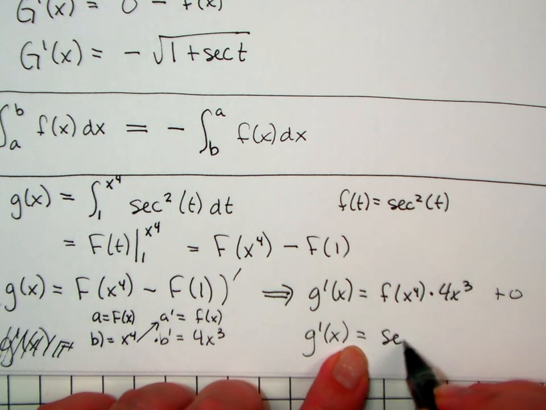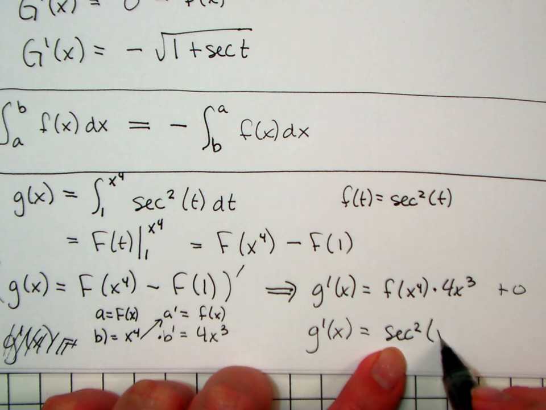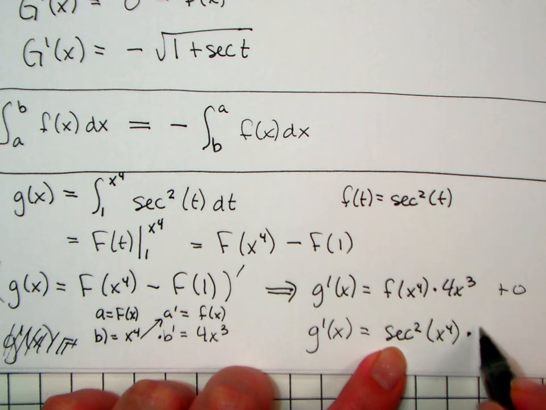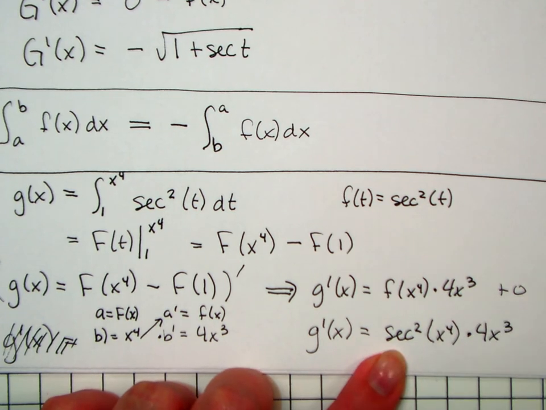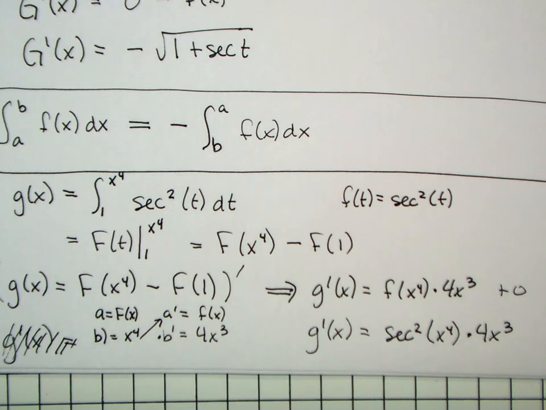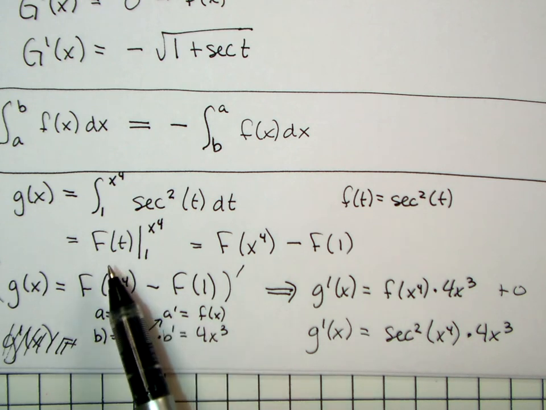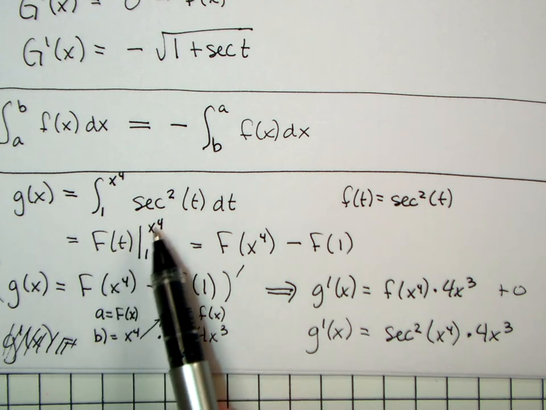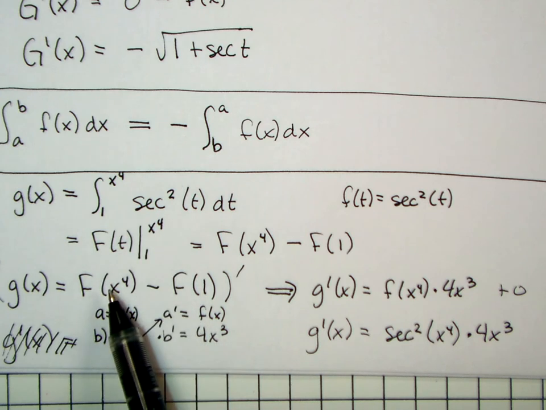So I'm going to get secant squared of x to the fourth times 4x cubed. Right? It's a chain rule. Okay? When you evaluate the antiderivative at something other than x, when you differentiate that, you have to remember to use the chain rule.